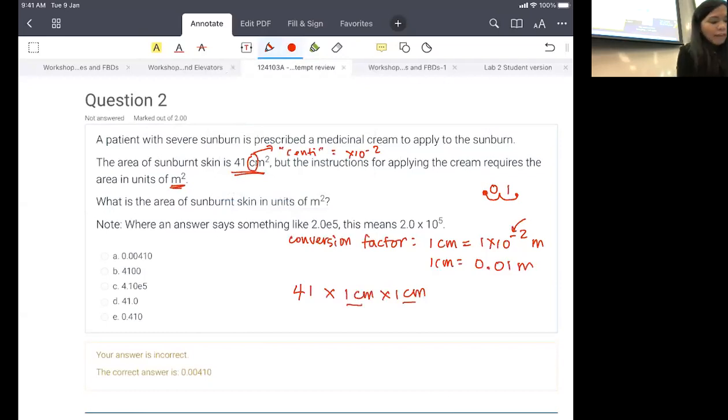Okay? Then you use your conversion factor and replace whatever unit you don't want. So you don't want the centimeter unit.